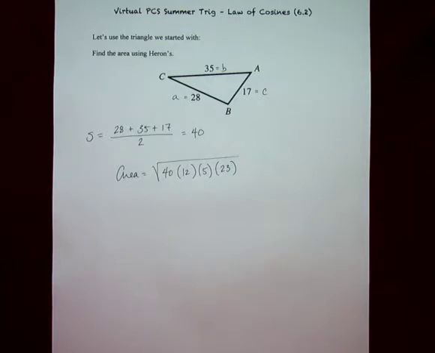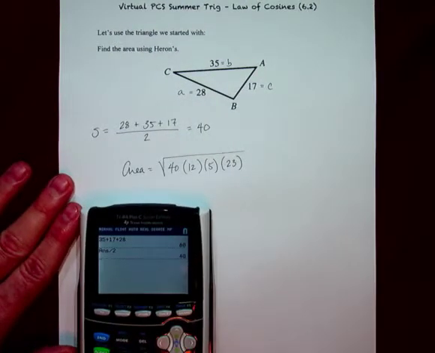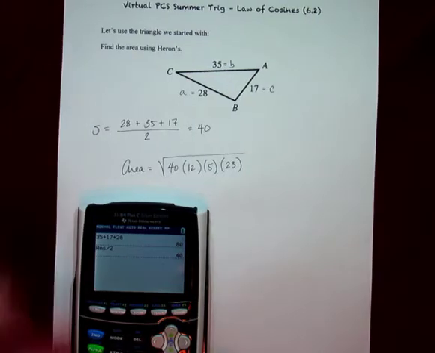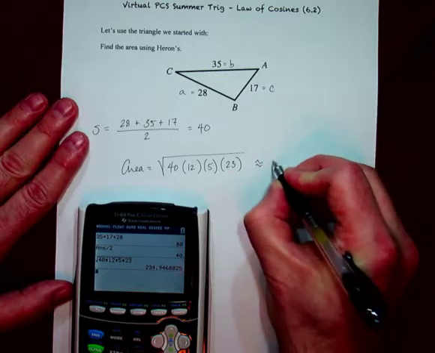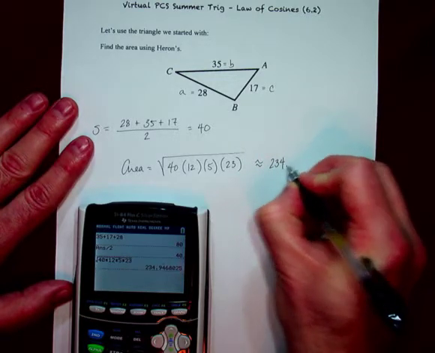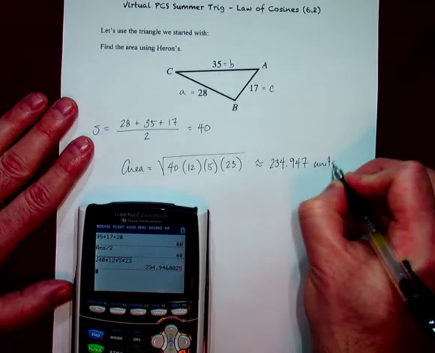And then we break out our handy-dandy calculator. That's going to be nice and helpful. We get the square root of 40 times 12 times 5 times 23, and our area is approximately 234.947 units squared.